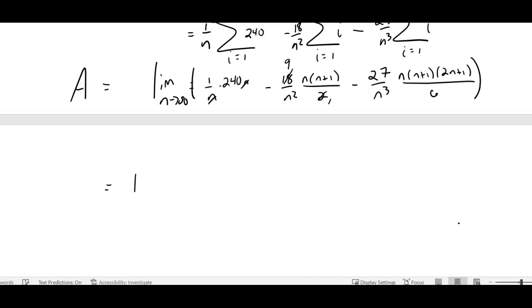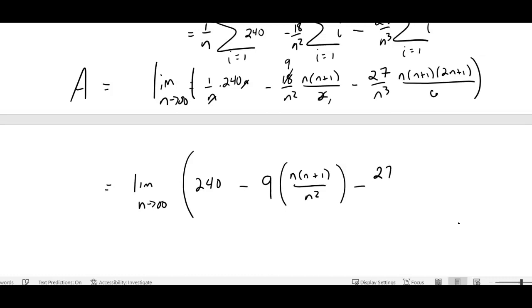So let's see, the limit as n goes to infinity of 240 minus, let's factor out that constant 9, and then group our n term together, n times n plus 1 over n squared. And then how about this guy? Let's factor out the constant 27 over 6, and then the n terms together, so we can take the limit as n goes to infinity.